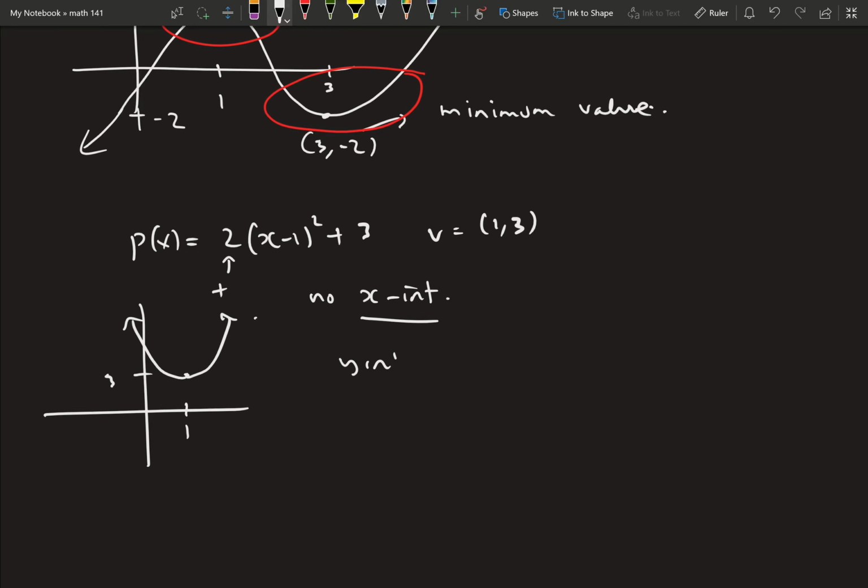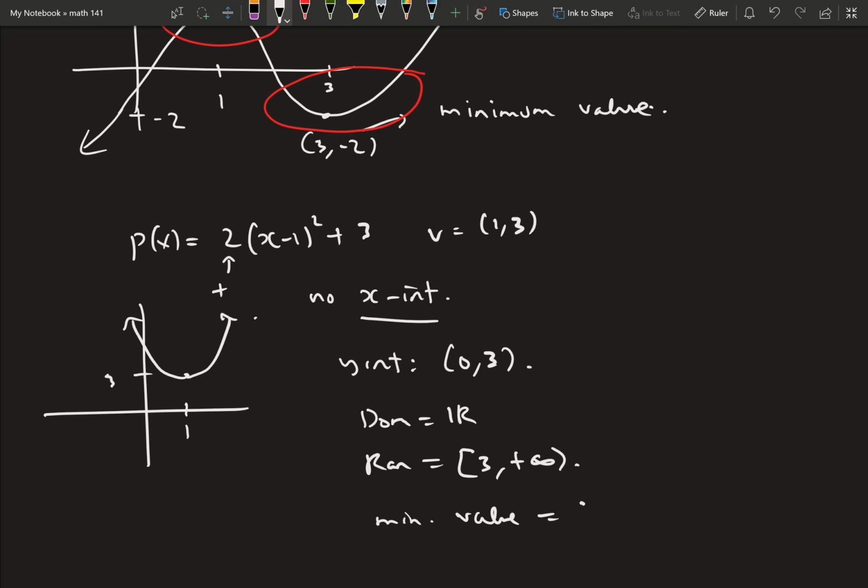The y-intercept corresponded to the point (0, 5). The domain was all real numbers. The range was everything above 3. And we had a minimum value of 3, which occurs at x equals 1. This corresponds to the vertex point.